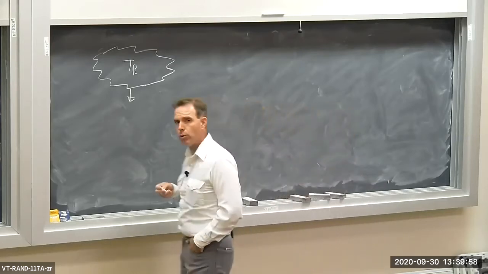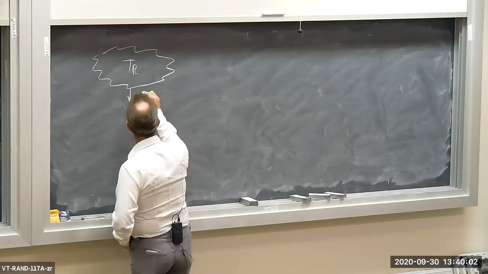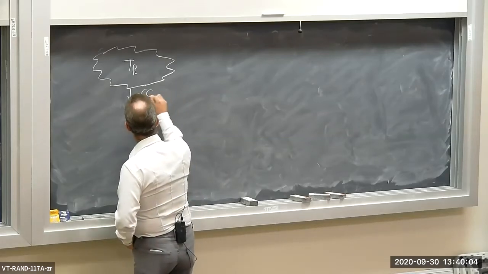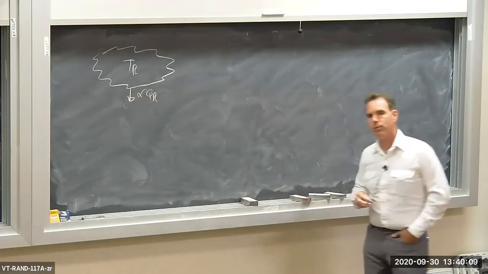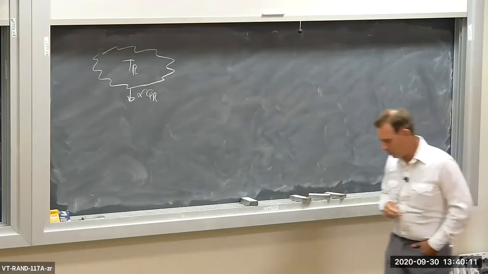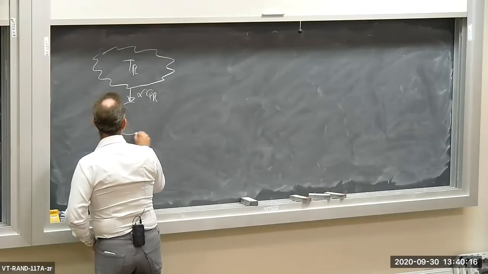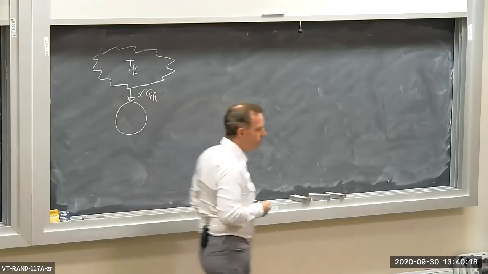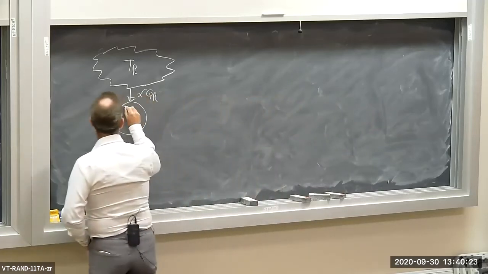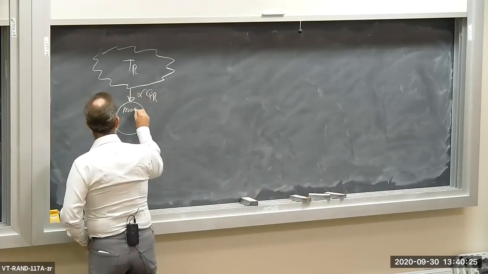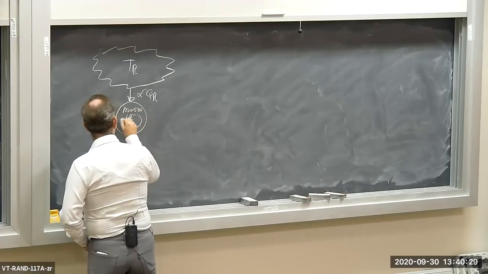So I want to be as general as possible by doing this for a differential process. So a certain amount of heat, del QR, is transferred from this reservoir. Now, this heat flows into a reversible heat engine. Okay?